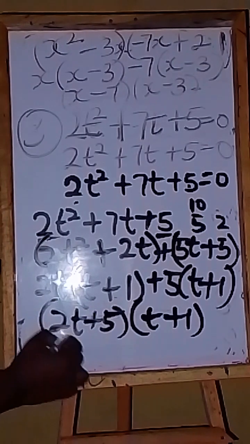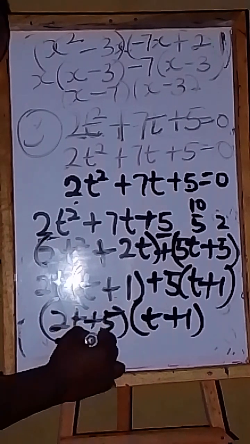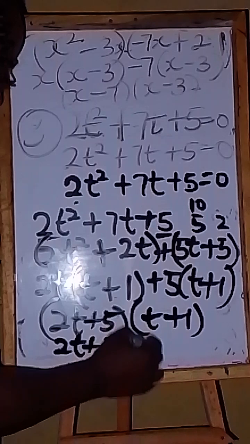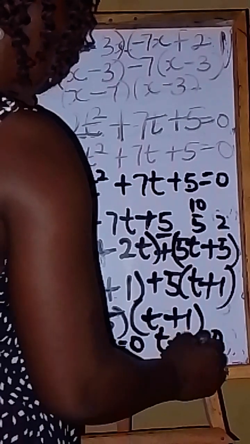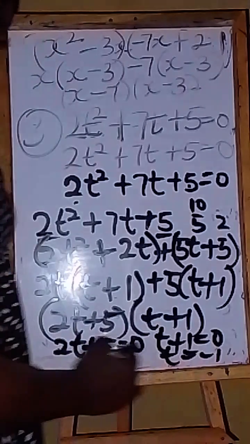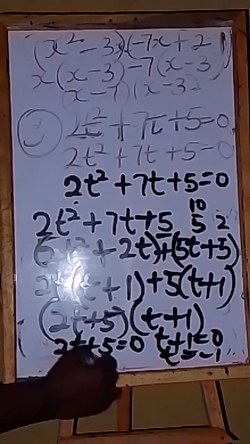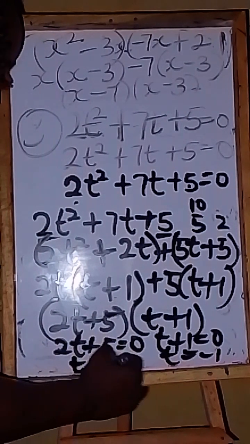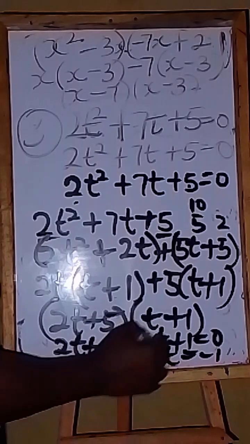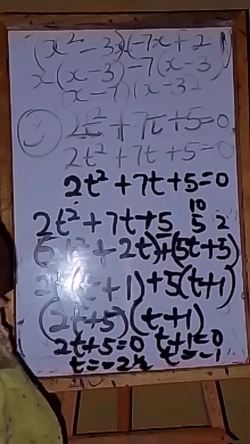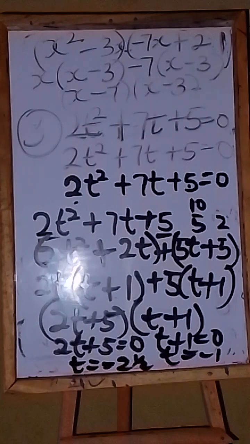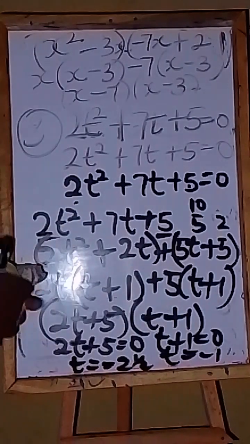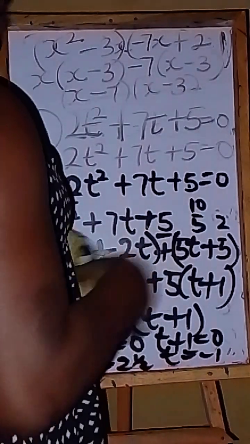So 2t plus 5 equals to 0, t plus 1 equals to 0. t equals to minus 1, t equals to minus 2 and a half.